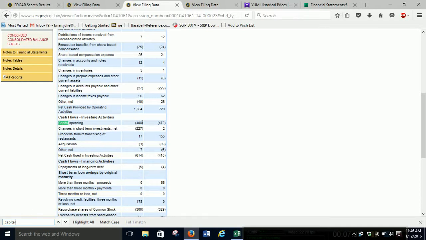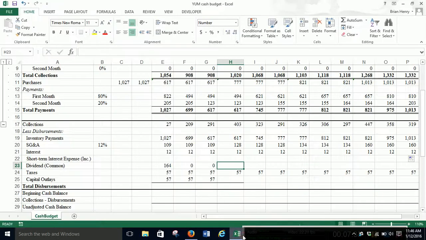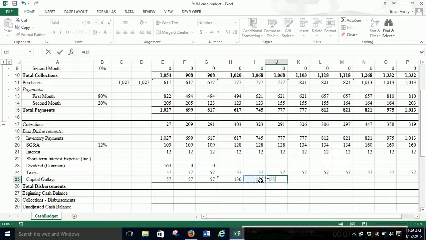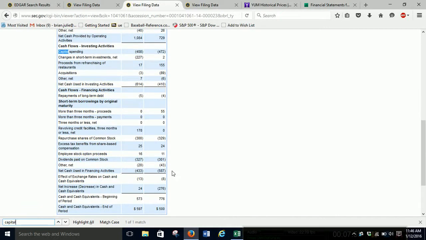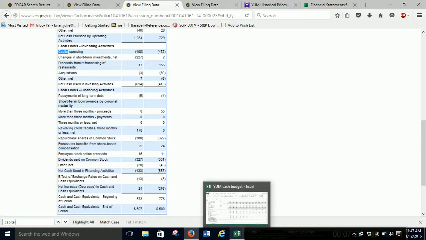So that's 408 in quarter 2. Okay, equals that, and the dividend payment, dividends, 327.